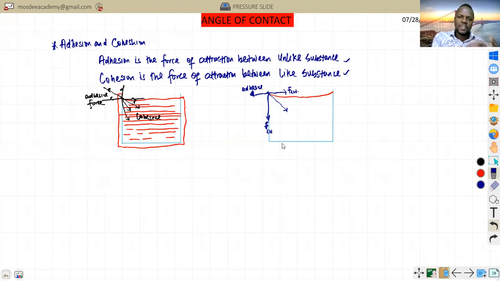But for understanding's sake, there are two forces acting on this particular portion. I'm talking about the horizontal line. We have the cohesive force acting horizontally, and the adhesive force also acting in the horizontal direction, though they are not acting in the same line. They are acting in different lines.